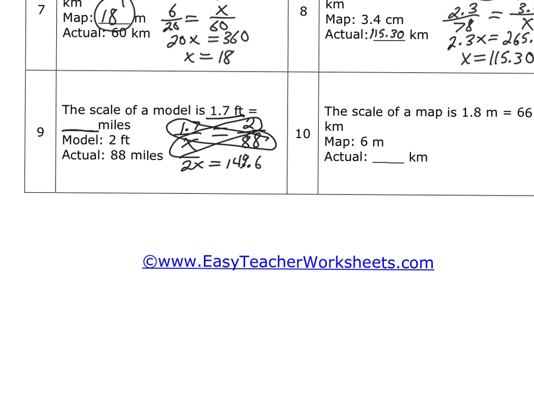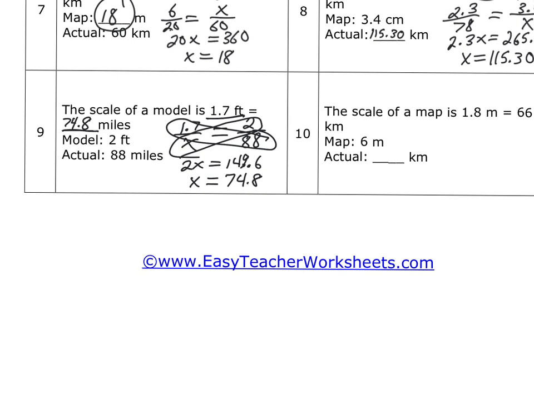Put the decimal in the wrong place. And then we divide that by 2. Again, the last step every time is going to be divide. So not difficult to figure out. So that means that 74.8 is what matches up with 1.7 feet.